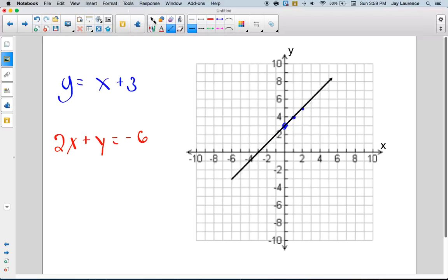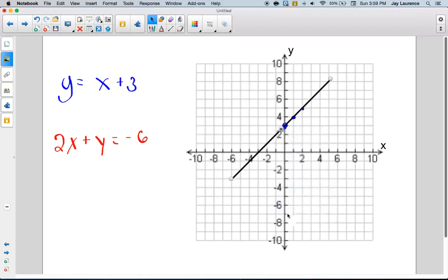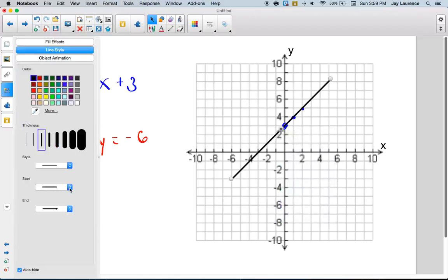There we go. And remember to always give your lines arrowheads. That's why I'm taking the time to do this. I'd much rather just say, okay, let's move on to the next line, but I'm trying to model for you. Okay, so I'll make that a little bit thinner.